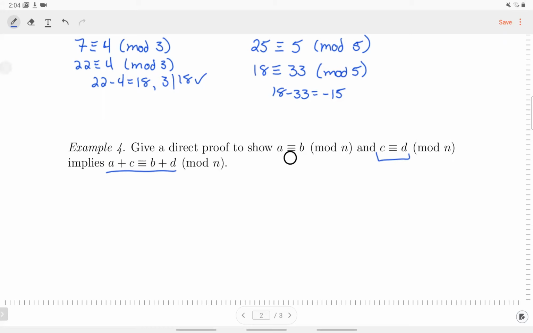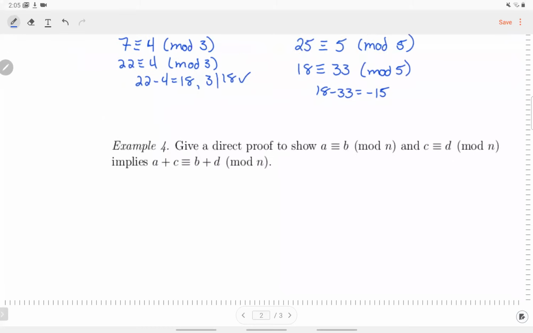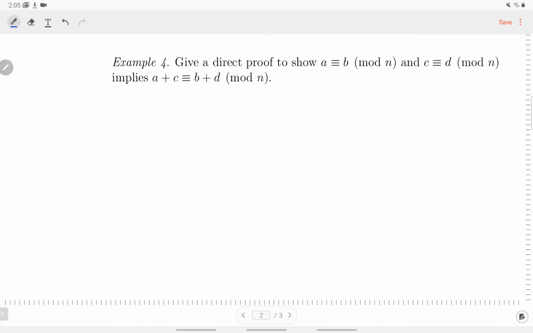So let's go ahead and do scratch work on this one. A congruent to B mod n and C congruent to D mod n. Like with all these proofs so far, you go back to the definition.